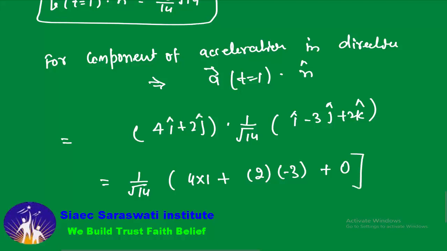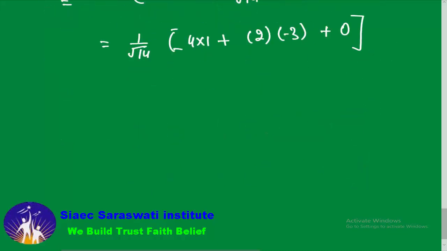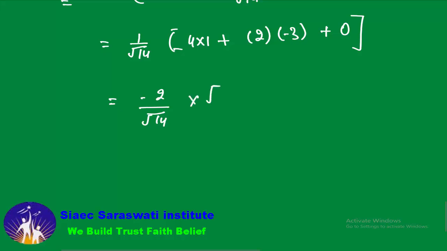So it will be minus 2 divided by root 14. To rationalize, we multiply both sides, so it will be minus 2 divided by 14 times root 14, so it cancels out.